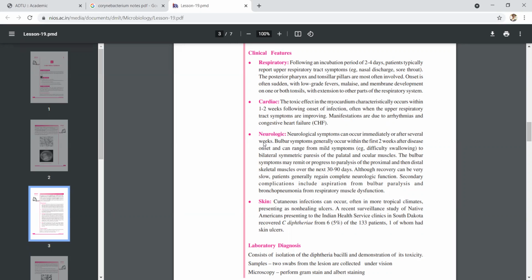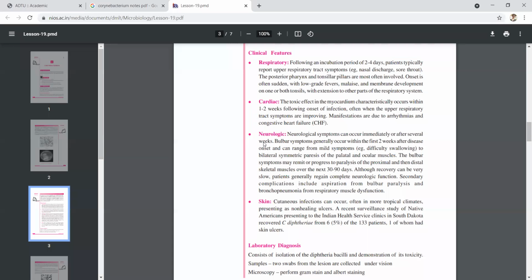The next problem is the skin. Even cutaneous infections occur, often in more tropical climates, presenting as non-healing ulcers. Okay, in areas like the tropical regions, you would find the person suffering from skin infections, and ulcers occur, and those ulcers are non-healing.